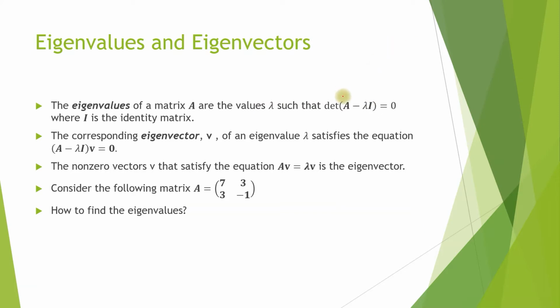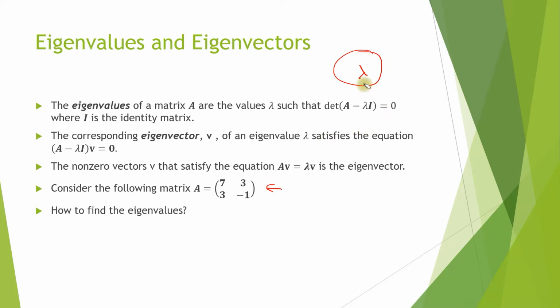But before we get into that example, when you've got your eigenvalues, then for each eigenvalue you will have an eigenvector. If you have two eigenvalues, you will have two eigenvectors. Three eigenvalues, three eigenvectors. Like in the example of a 2 by 2 matrix, you will have two eigenvalues, and therefore two eigenvectors.